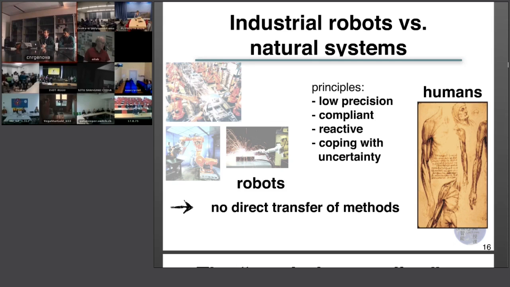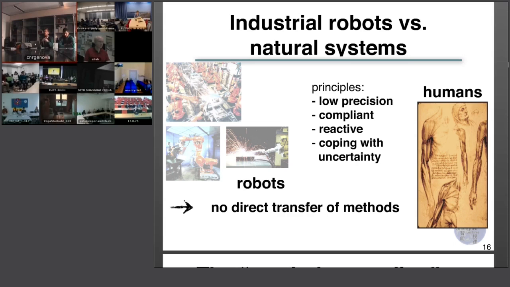And so just coming back to a slide that we have seen already last time, we use very different methods, for instance, in the factories, with respect to the methods which nature has evolved in animals and humans. So on one side we have high accuracy, which we obtain by heavy weights, basically, and very detailed programming.